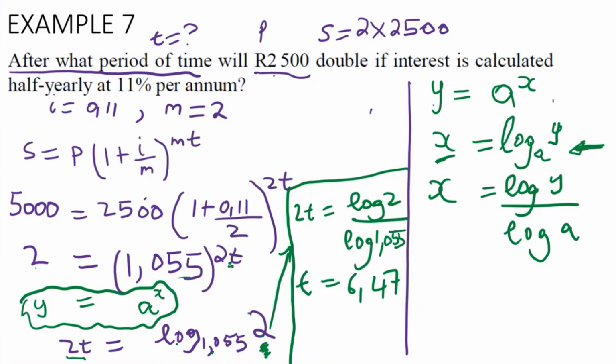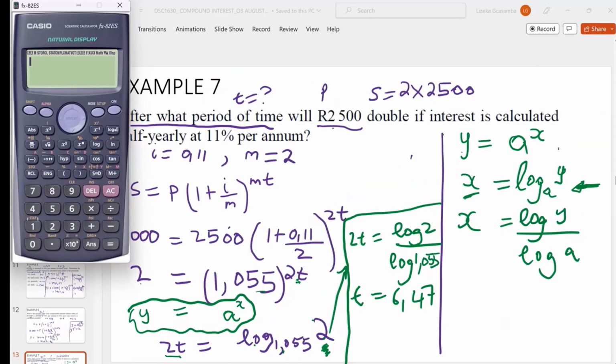Let me go to my calculator. If you've got a calculator like mine, you go to your numerator. You are going to have log of 2. You close the brackets, and then you go to your denominator.